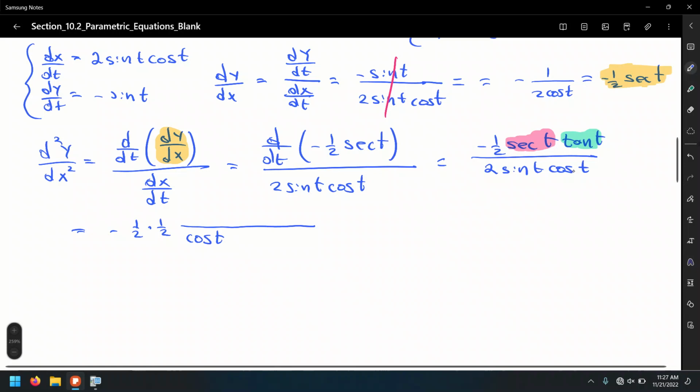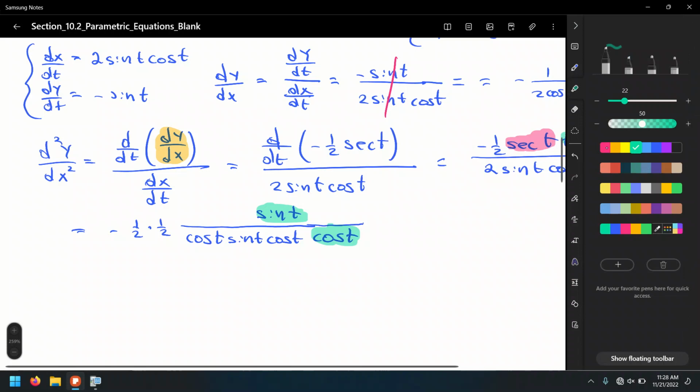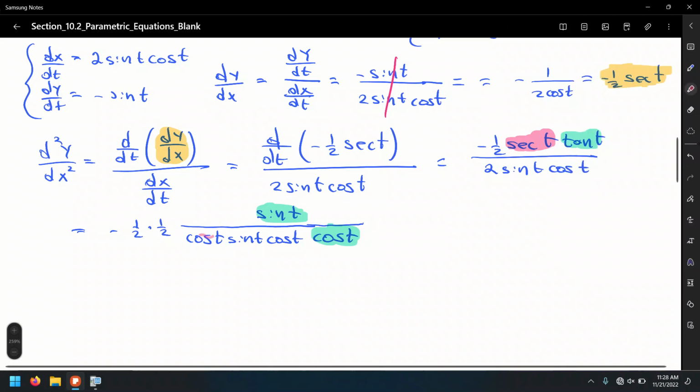And I'm going to leave this sine t, cosine t the way they are. And I'm going to write this tangent as sine t over cosine t. So this tangent became sine over cosine, and this secant became 1 over cosine, that is a cosine in the denominator. Just so you can see where everything is coming from.